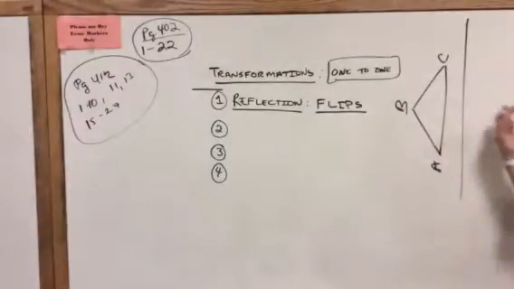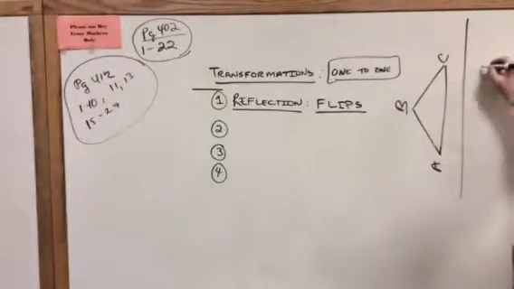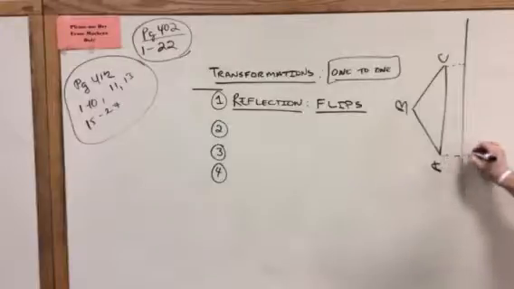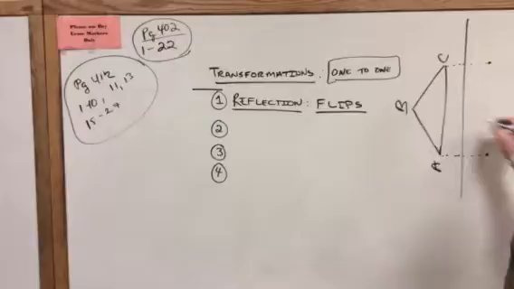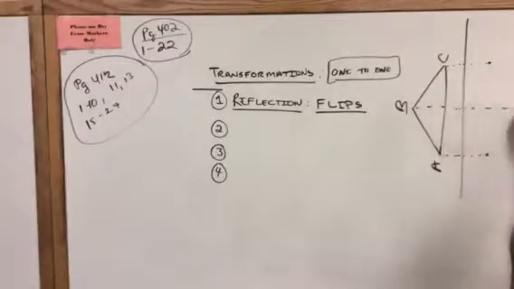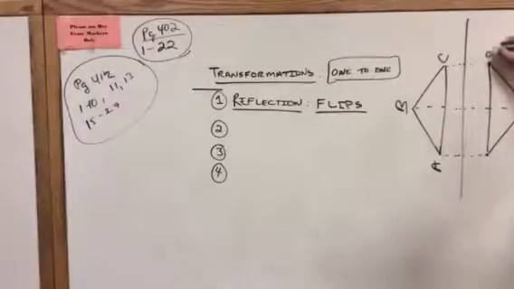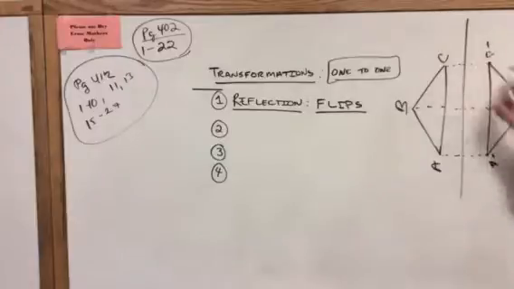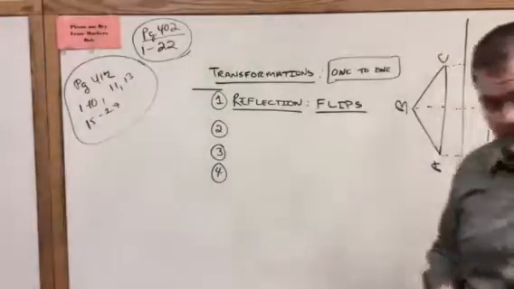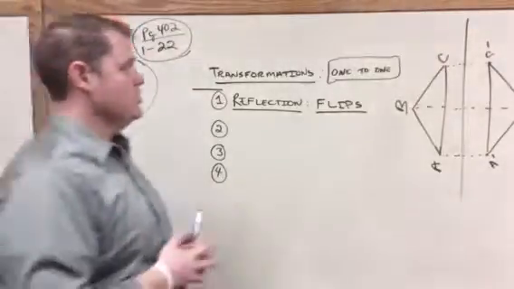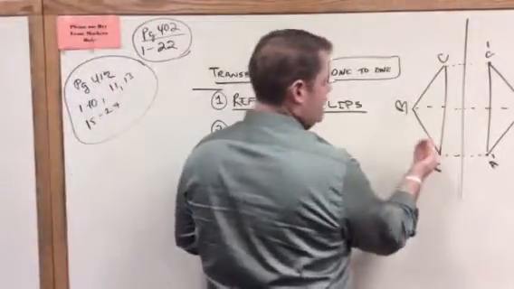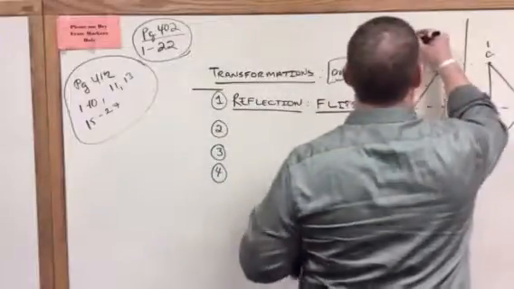Flips. So if I have this and I reflect it over this line, the same distance. So you'll see the little tick marks. And what do those tick marks mean? Prime. Okay, remember we talked about when it moves, it's prime. Okay, so that's the change. So this is the original image. Okay, so this is our original image.